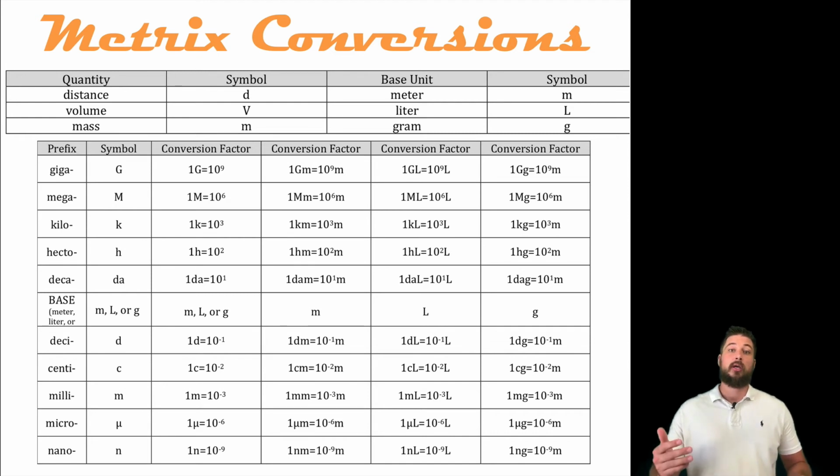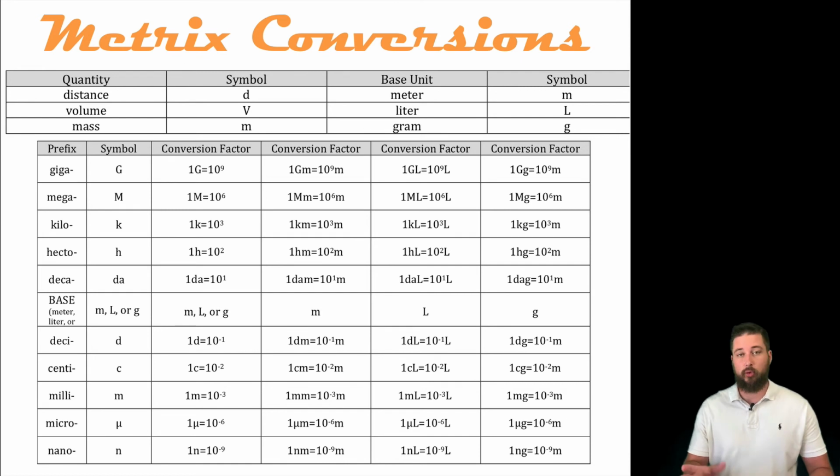And so we can take what would be very, very large numbers. For example, a gigabyte, that's a billion bytes, or a terabyte, which is a trillion bytes. We can take those large quantities and make them again into smaller, more manageable quantities.